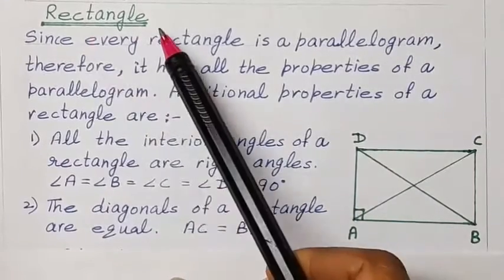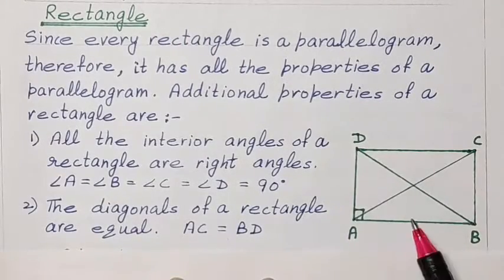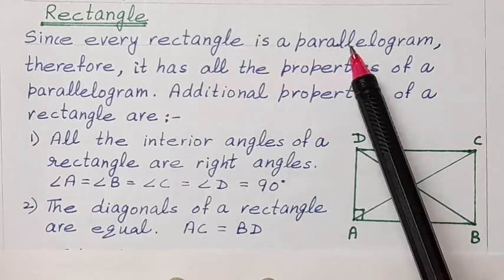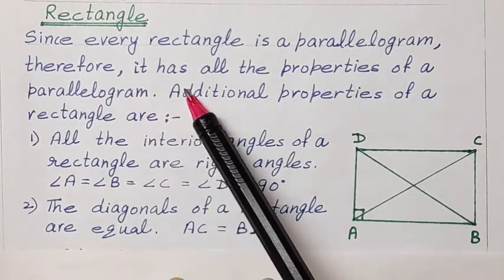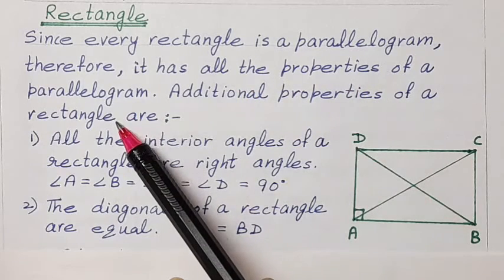First is rectangle. ABCD is a rectangle. Since every rectangle is a parallelogram, therefore it has all the properties of a parallelogram.